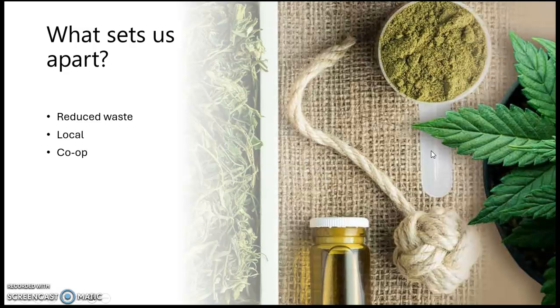And then, of course, what makes us different than the other shops. We aim to reduce waste. We try to reuse the excess products, such as the leftover after pressing the oils, turning it into feed or fertilizer to give it back to the land. We're a co-op with our employees, so that means each of the employees owns part of the company.